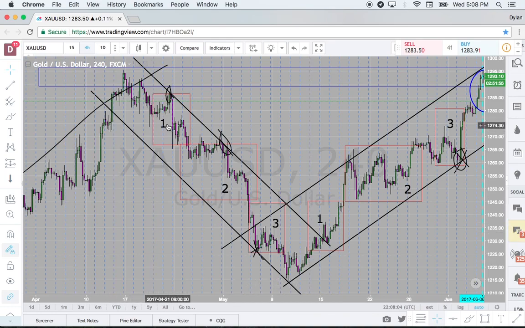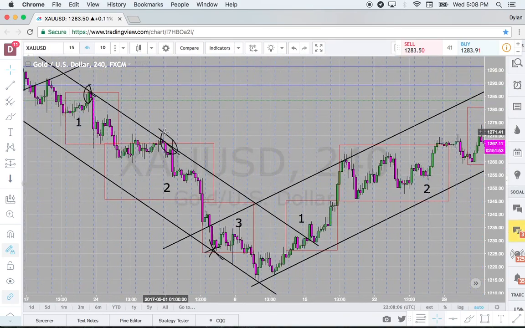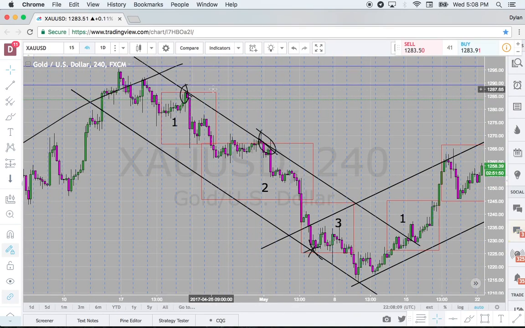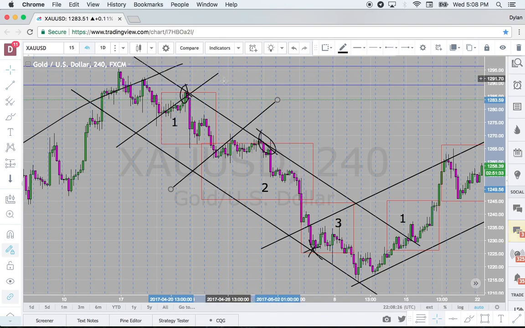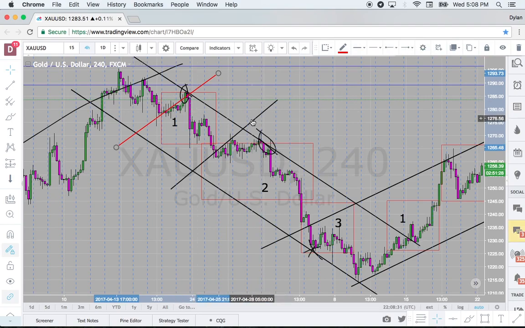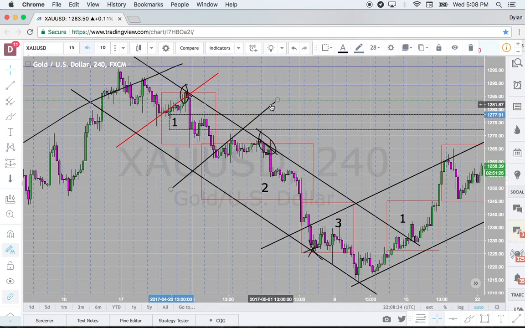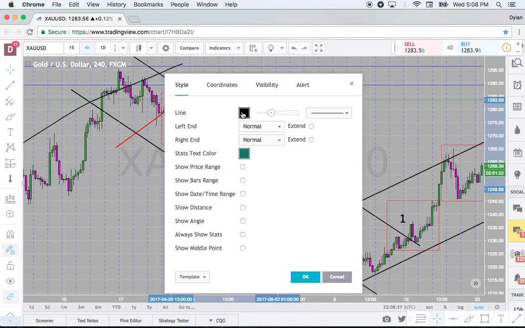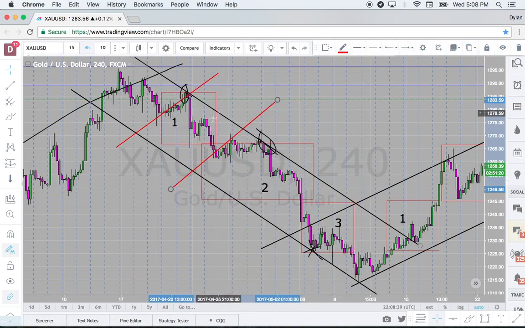So, level 1. Here we can see level 1 and the consolidation inside of level 1. Now, just to show you the levels a bit more clearly, I'll use this to separate the levels a bit more, because sometimes it's easier to see them if you separate the levels from the consolidation.